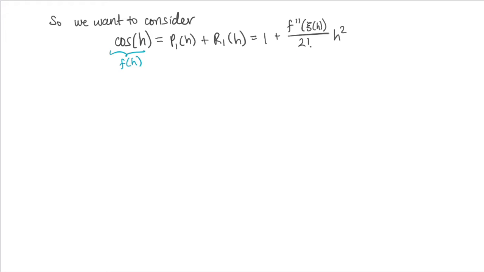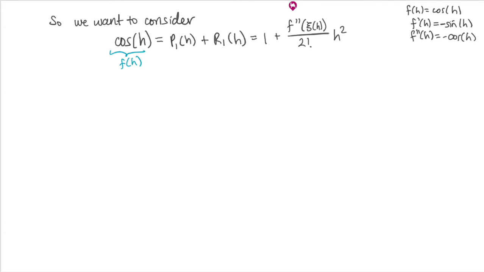The second derivative of cosine, so let's see, if I have f of h is cosine of h, the first derivative is negative sine of h, and the second derivative is negative cosine of h. So let's go ahead and substitute negative cosine of h here.